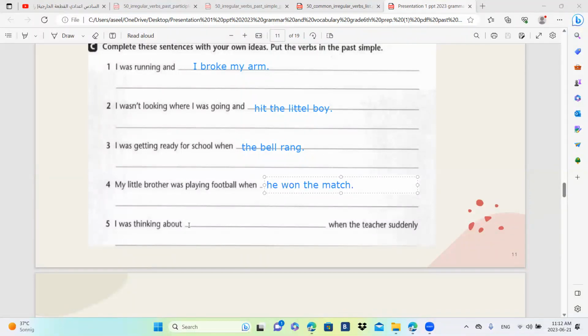I was thinking about, here they wrote the past continuous, then they wrote "when", and they want us to complete here and there. I was thinking about traveling. Here it is not a verb, it is a noun, traveling to London.